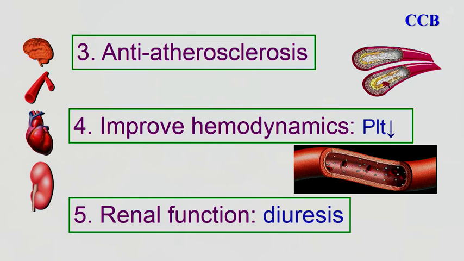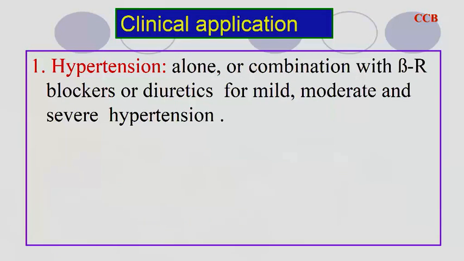Just now we studied the pharmacological effects of calcium channel blockers: negative effects on the heart, vessel smooth muscle dilation, and so on. So let's study its clinical use. At first, we can use CCB to treat hypertension as first-line antihypertensive drugs.